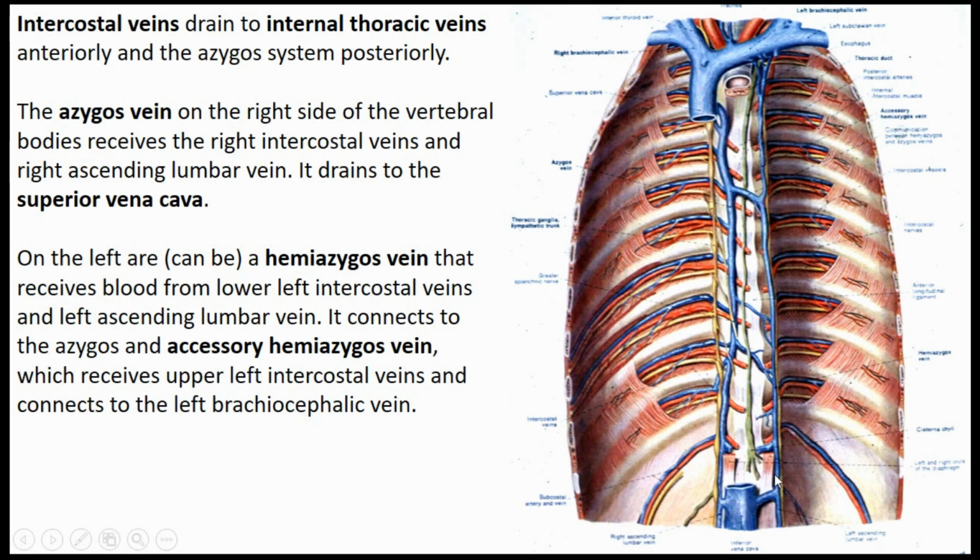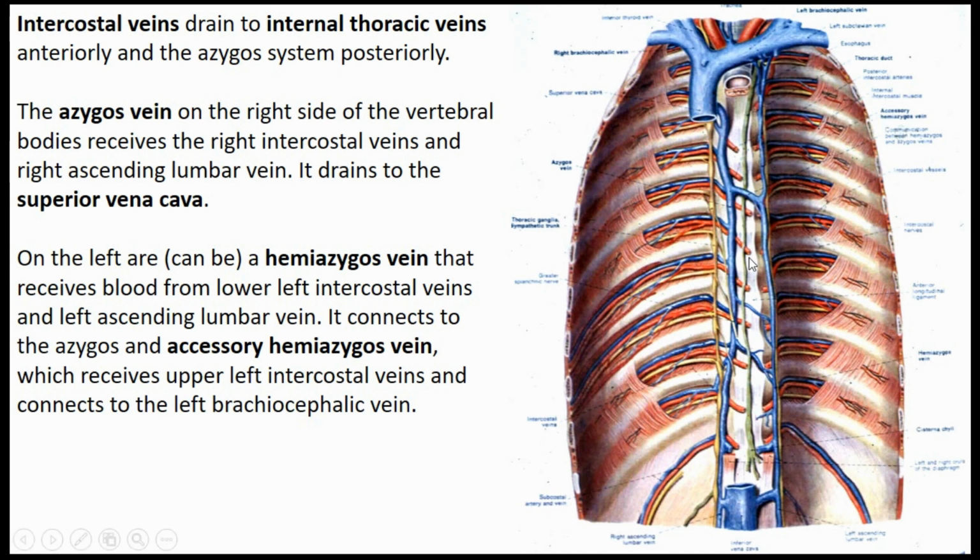So the blood from this system is going to tend to drain to the azygous vein, and from the azygous vein up into the superior vena cava just before it reaches the heart. But it's worth noting that the accessory hemiazygous vein also often connects to the brachiocephalic vein on the left side here. So there's a little bit of redundancy and a little opportunity for flow in multiple directions within this system.